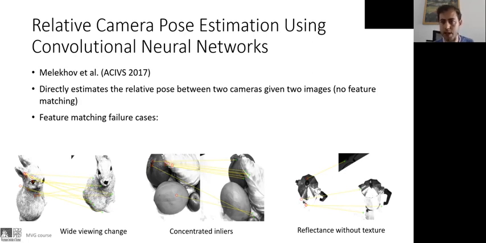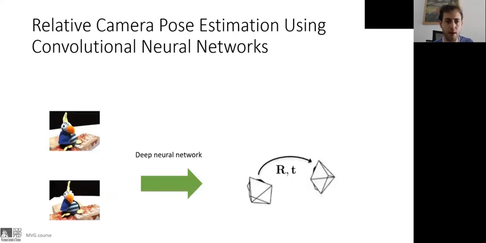So this is a general limitation for point correspondences. And they asked, why not just use the images and use deep learning to regress directly the relative camera poses from the images? We know that deep learning works well for images. Let's use it to extract relative camera poses.